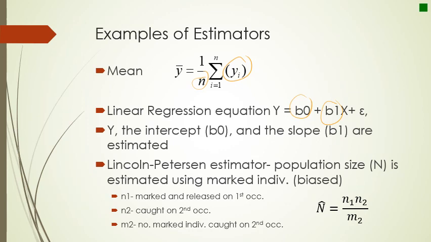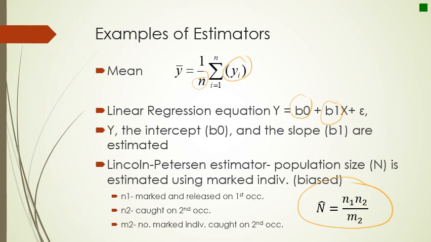And finally, again, the Lincoln-Peterson estimator is one that we use commonly to try to estimate population size. Interesting thing is that the simple formulation of the Lincoln-Peterson estimator is actually biased.